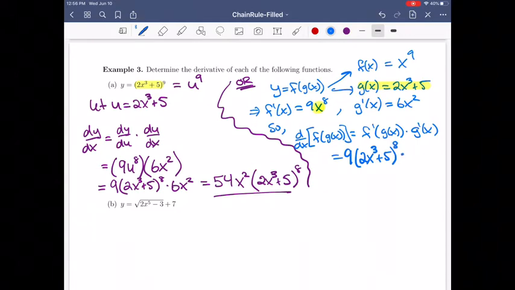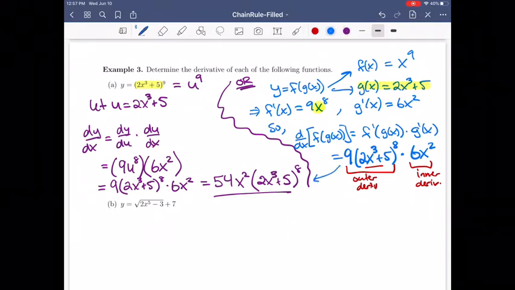And then I want to multiply by the derivative of the inside, which is 6x squared, g prime of x. So this is the outer derivative evaluated at the inside bit times the inner derivative. And notice that it's the same. So that's going to simplify to the same thing over here.